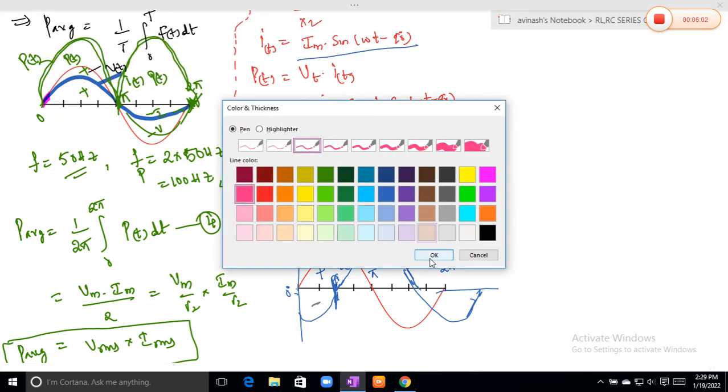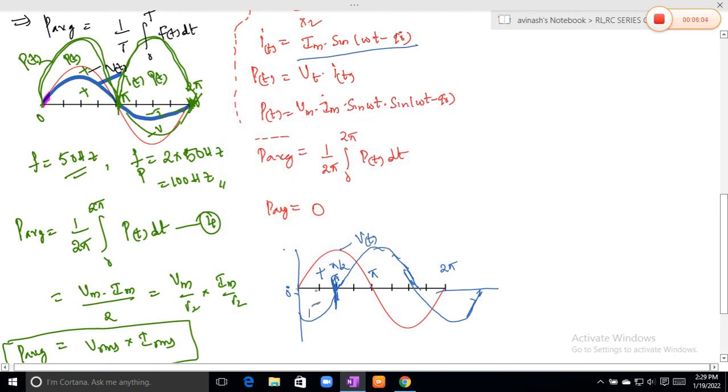Voltage is positive, current is negative. Then what is the power? Power will be negative during 0 to 90 degrees. In the same way, from 90 to 180 degrees, voltage is positive and current is also positive, so power will be positive.